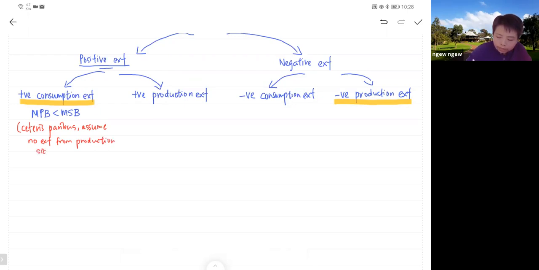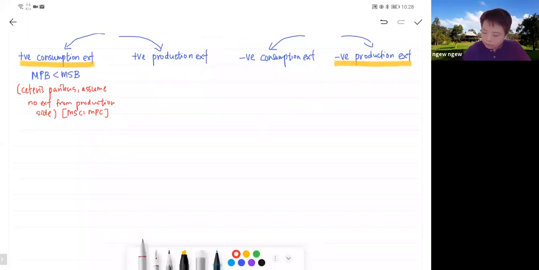When you assume no externality from the production side, meaning to say your MSC will be equal to MPC, then we can focus on showing the diagram for MPB smaller than MSB. Okay, then let's move on to the diagram, yeah?